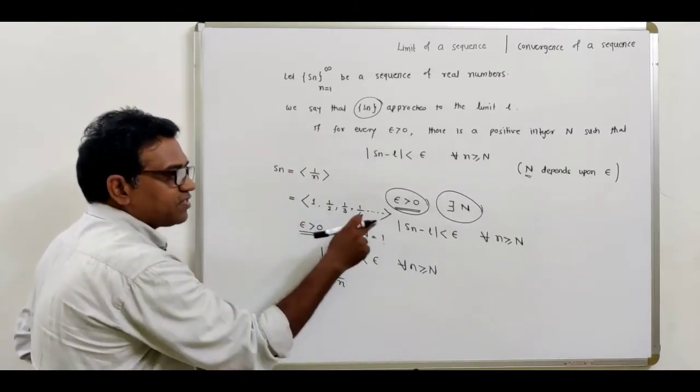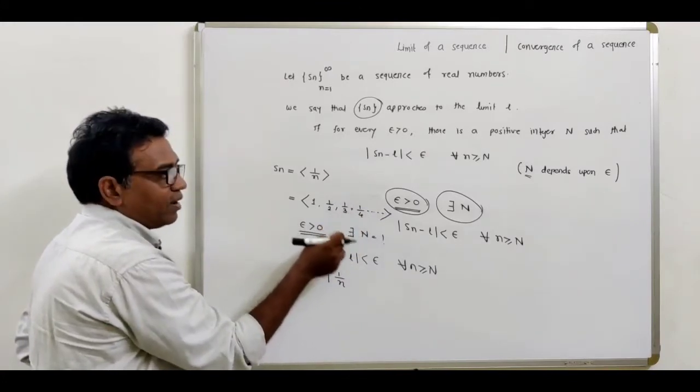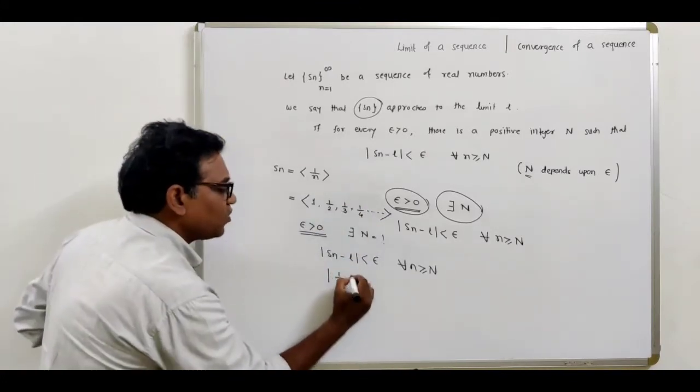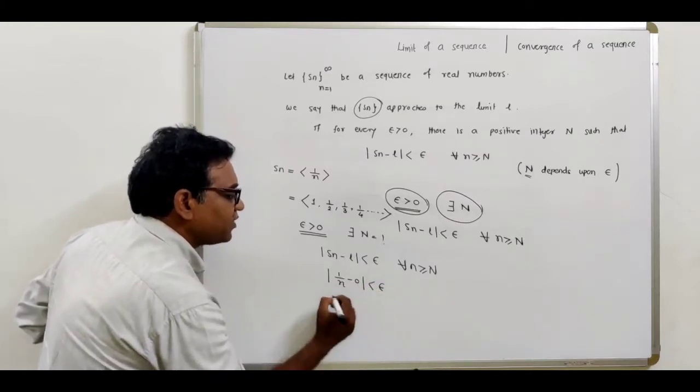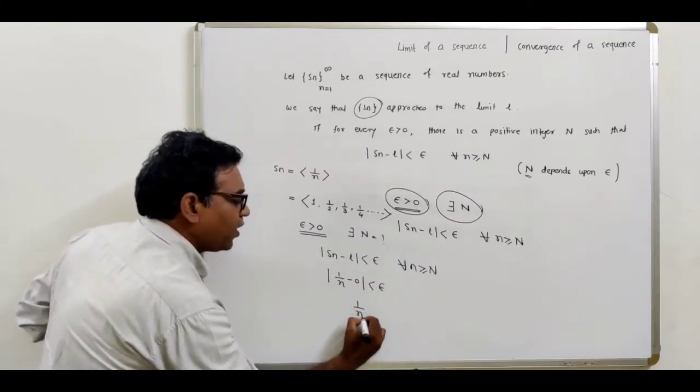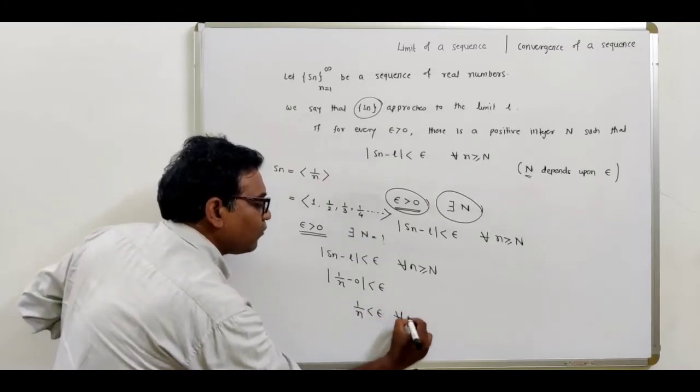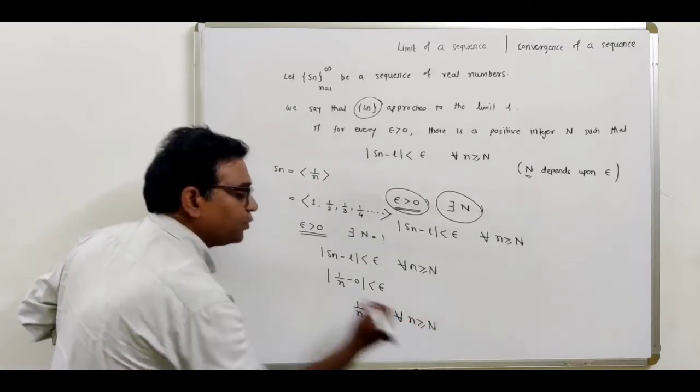The limit of this sequence will be 0, so let us put L equal to 0. So the condition is 1 upon n is less than epsilon for all n greater than or equal to capital N.